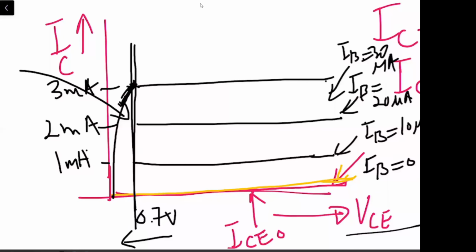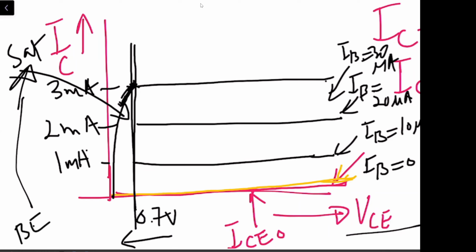So this is basically the saturation region, in which both the emitter base junction and the collector base junction are forward bias, right?